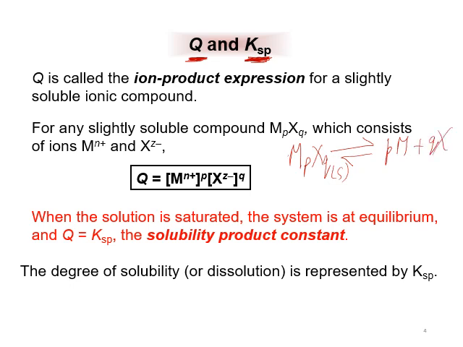So concentration of M to the power p, which is the stoichiometric coefficient, times concentration of X, sorry, I meant exponent, not times, exponent q, which is the stoichiometric coefficient for X. So this is the same concept. It tells you if you're working with different salts.